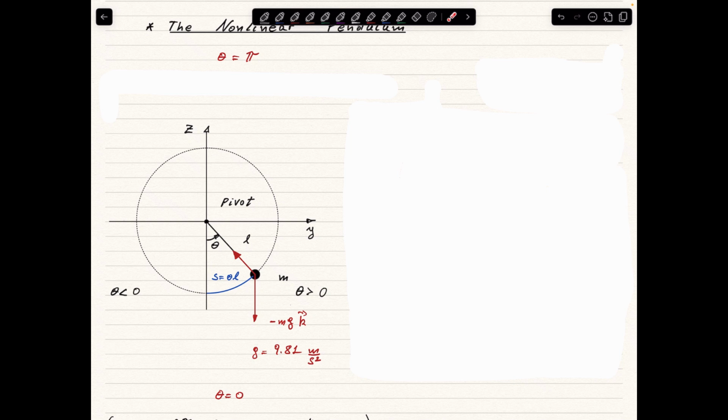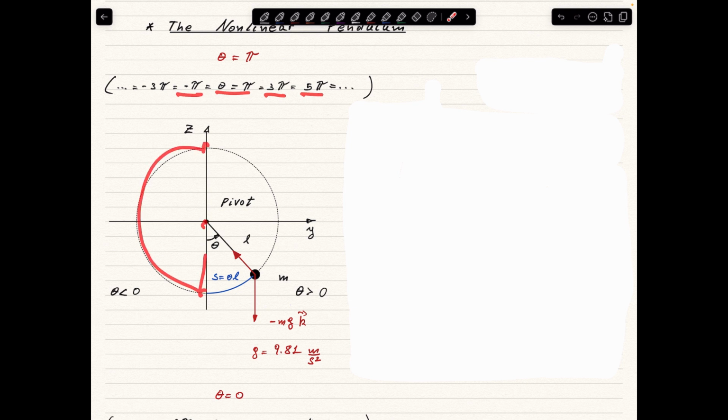The same happens here when the pendulum is all the way up. This is pi, or it could be 3 pi, or 5 pi, and so on, or negative pi if it came from this side, negative 3 pi with one more turn, and so on.